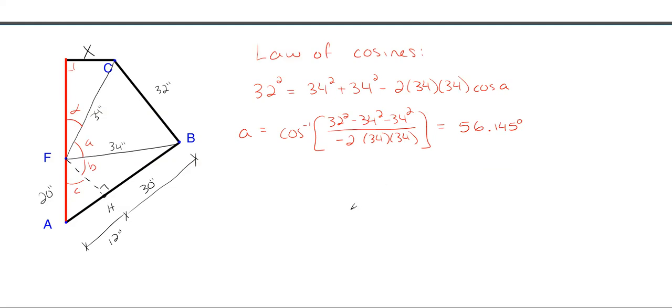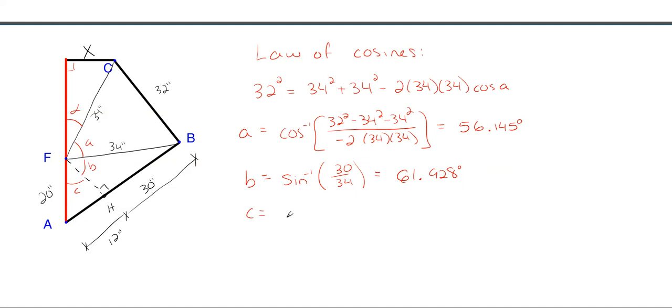Angle B and C will be much easier because they're inside right triangles. So for B, we are just going to use the sine inverse of the 30 inches over the 34 inches, opposite over our hypotenuse there. And once again, not a nice number, but it gives us 61.928 degrees once we round it off.